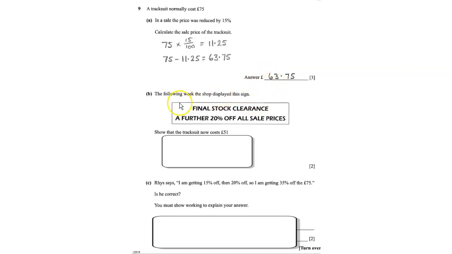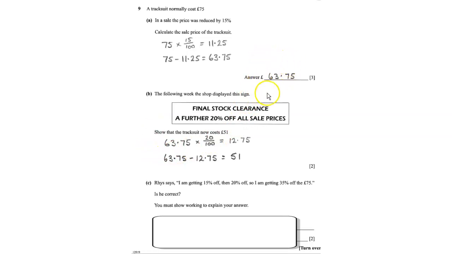For question B, the following week the shop displayed this sign. Final stock clearance, a further 20% off all sales. Sale prices should show that the tracksuit costs £51. So the next part is we take the sale price that's already there and we reduce it further by 20%.